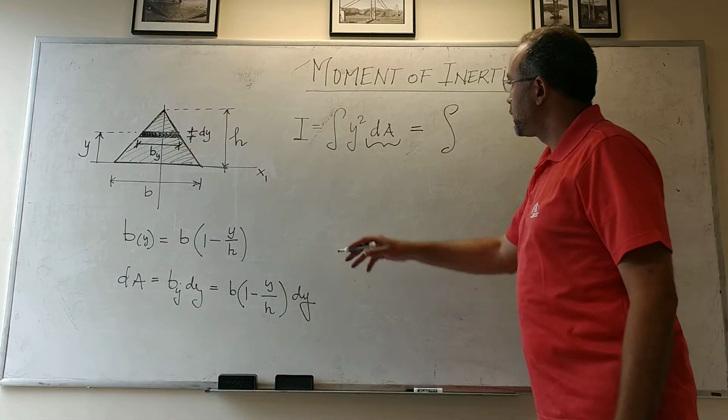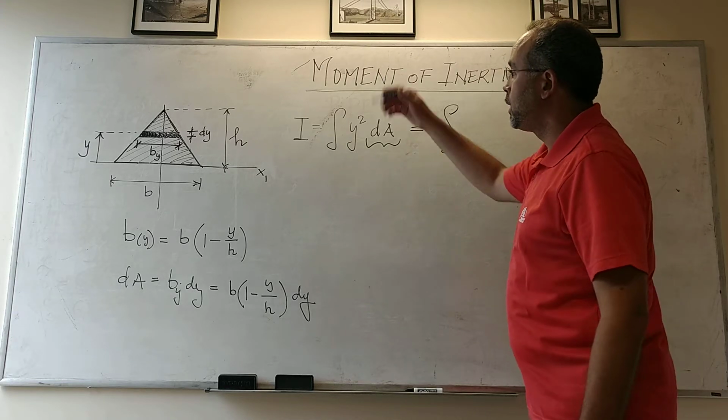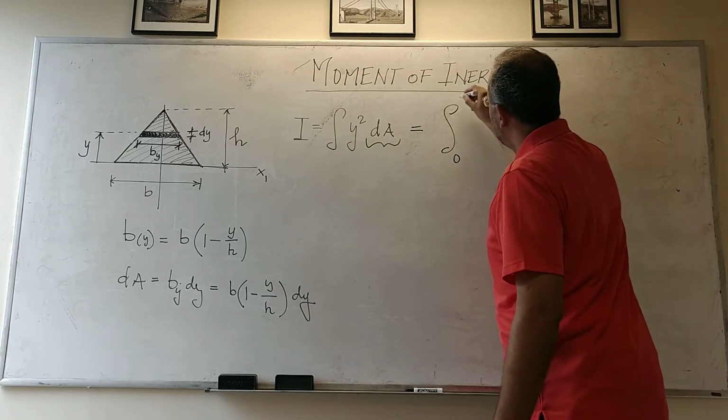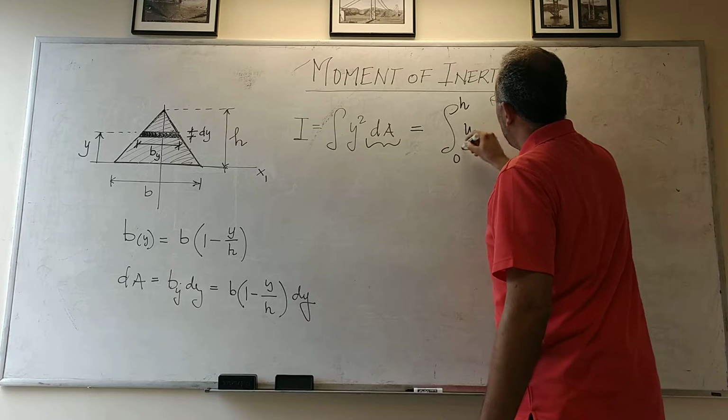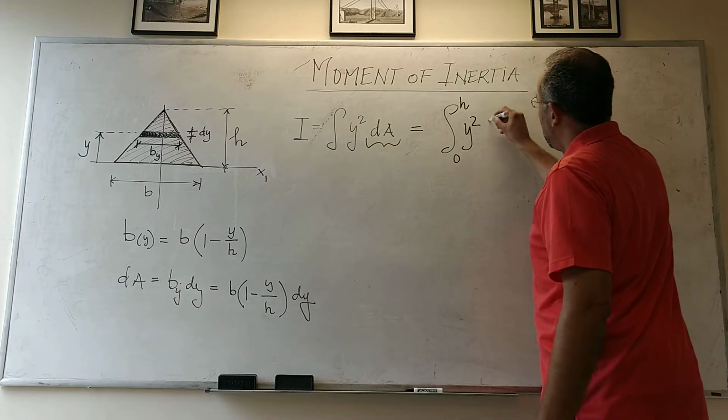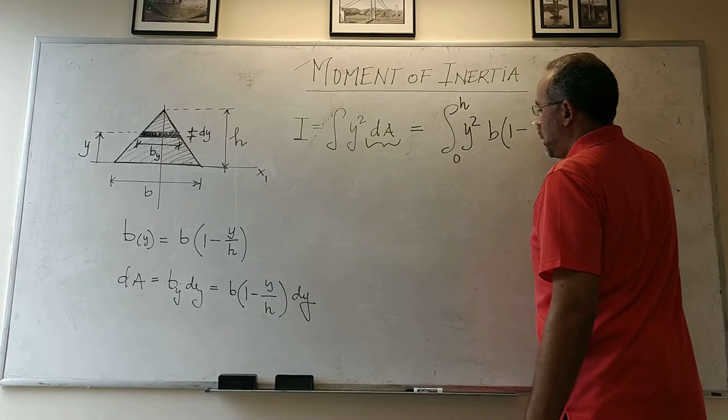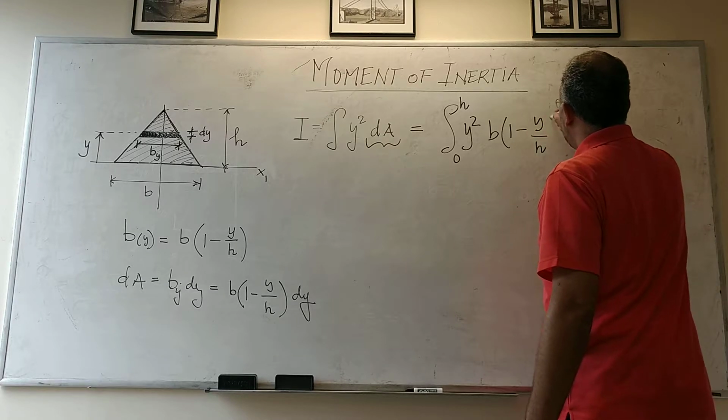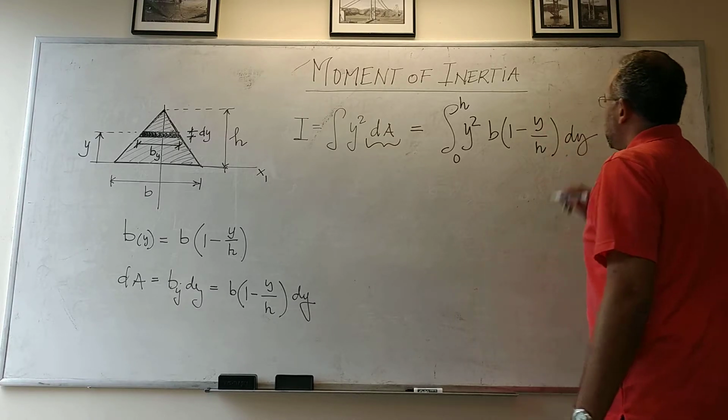And since we are expressing everything as a function of y, the integral goes from 0 to h, y squared, b times 1 minus y over h, dy.